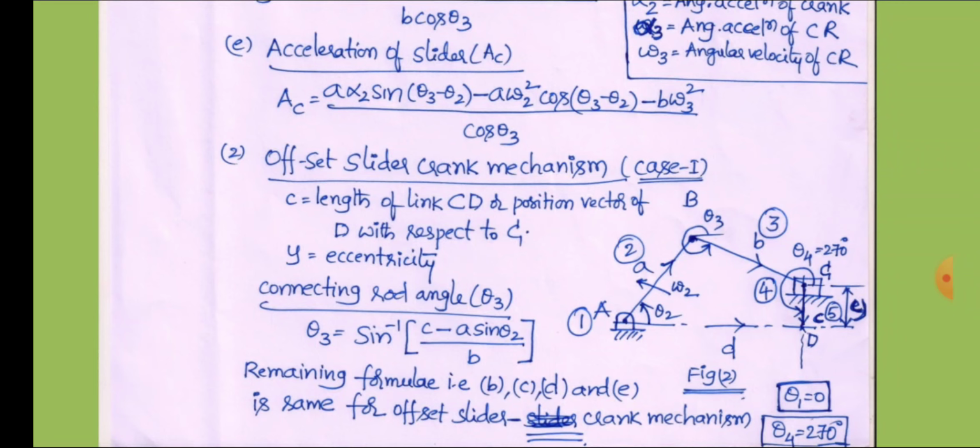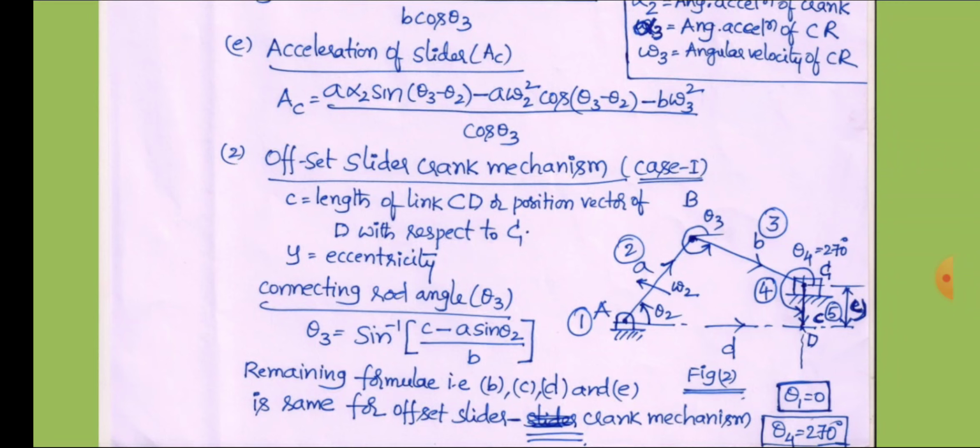So the theta 3 formula, which I wrote here, is theta 3 equal to sine inverse of (C minus A sine theta 2) by B, where theta 3, as I wrote very clearly, is the connecting rod angle to be calculated, and C is nothing but y, or the eccentricity, or the position vector of the link 4.